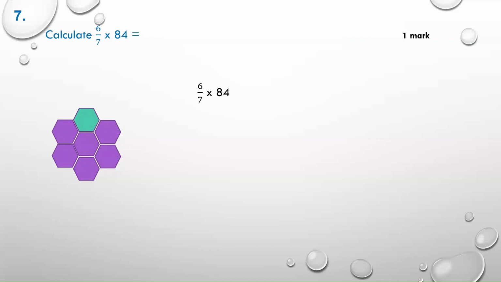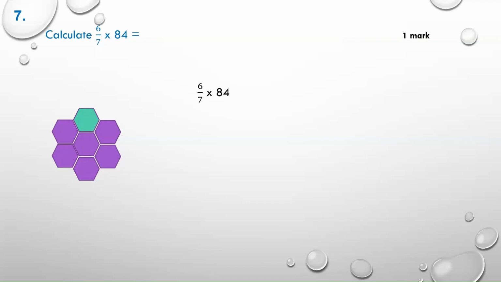I'm trying to use different shapes so you get a bigger way of looking at the question from different angles. So we had 1, 2, 3, 4, 5, 6, 7 parts, and we're only thinking about one part out of those 7 parts.